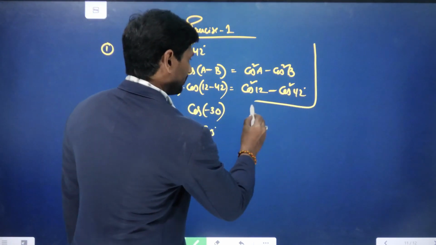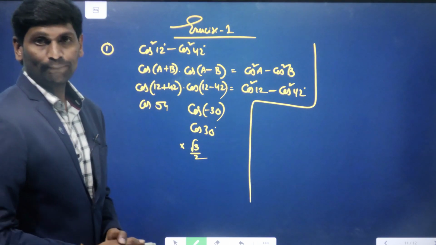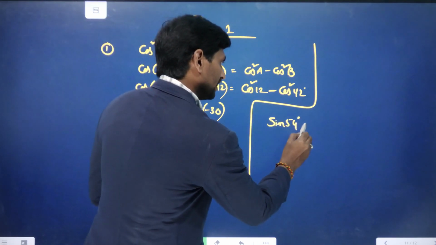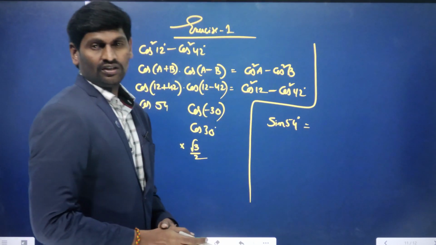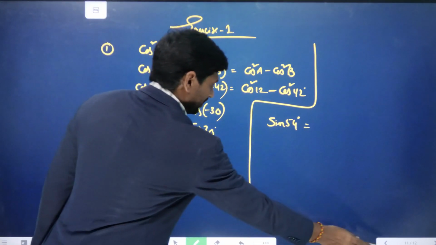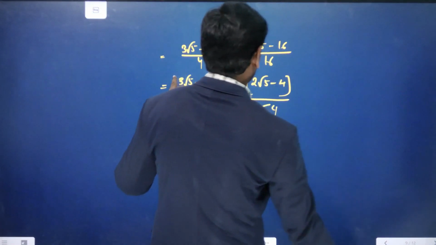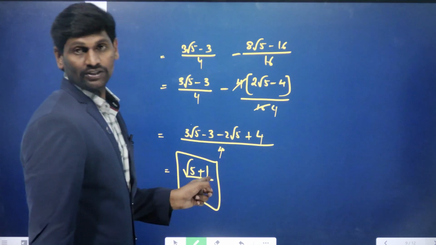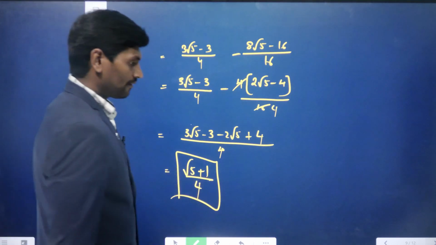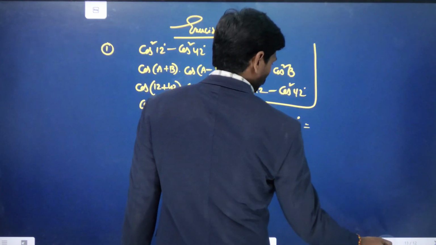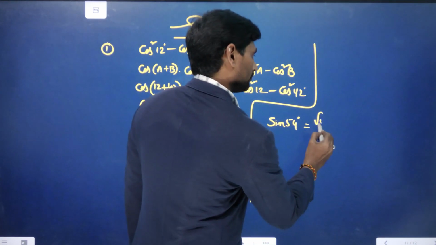Let us see here. We know sin 54, right? Sine 54 degrees value is given as root 5 plus 1 by 4. Okay? Sine 54 degrees is root 5 plus 1 by 4.